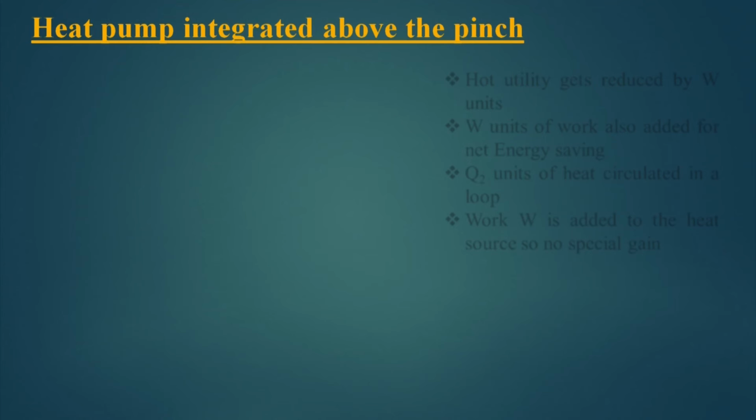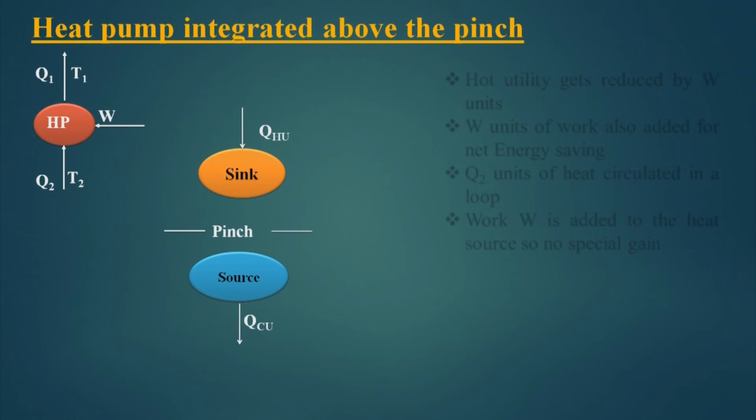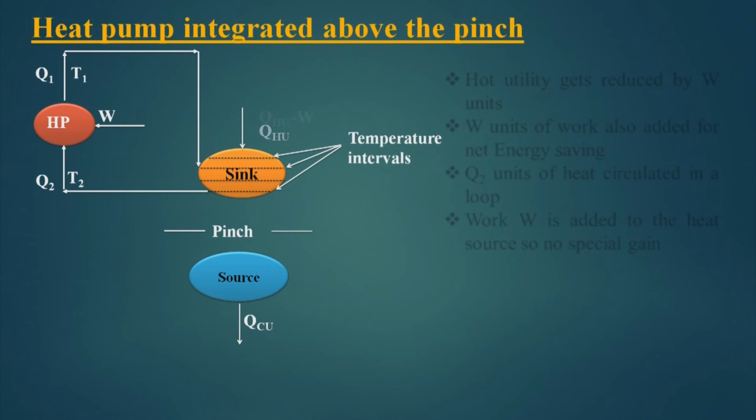Now, heat pump integrated above the pinch. So, if I integrate it above the pinch, at a particular temperature level I pick up heat, and reject the heat at a higher temperature level. At the bottom temperature level I pick up the heat Q2 at a T2 temperature level and reject it at a T1 temperature level, where T1 is greater than T2. So, while doing so, my hot utility requirement is QHU minus W and QCU remains the same.